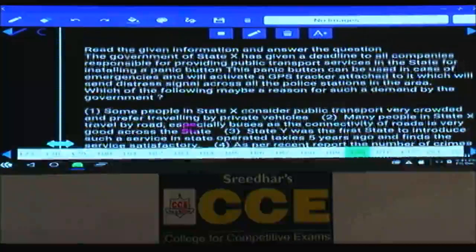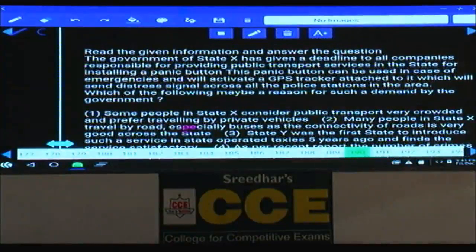Now in this 190, the government of state X responsible for providing public transport services in the state has asked for installing a panic button. The government has given a deadline. This panic button can be used in case of emergencies and will activate a GPS tracker attached to it, which will send a distress signal across all the police stations in that area.